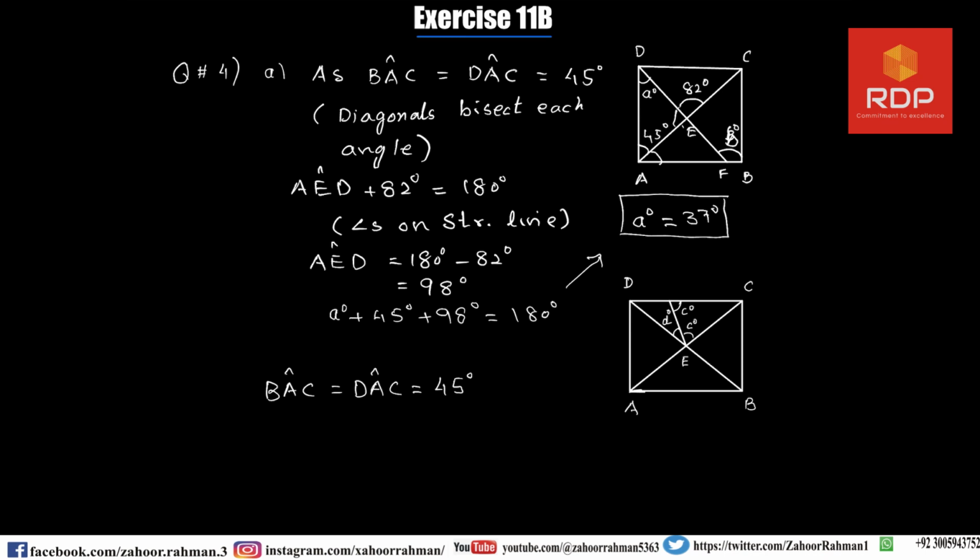Now we have to find this angle, and that is ABF. ABF is equal to 82 degrees, and that is because of vertically opposite angles. So we found that. Now we have to find this angle very easily, which is AFE.